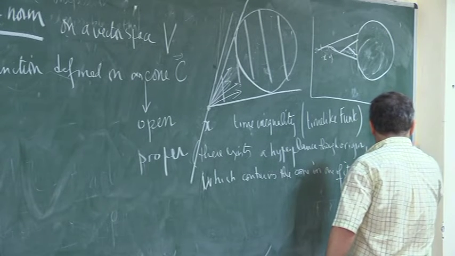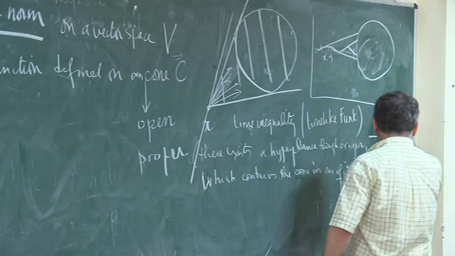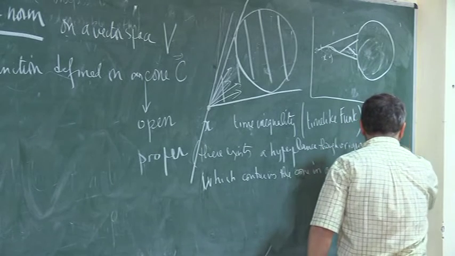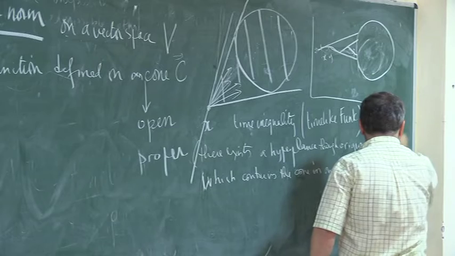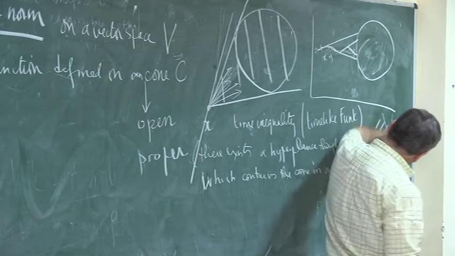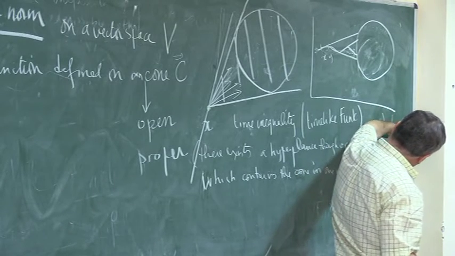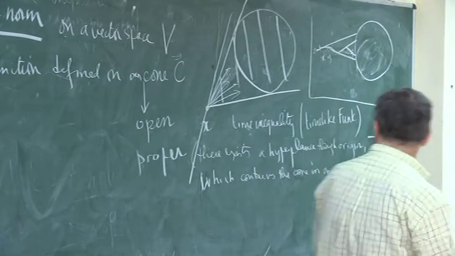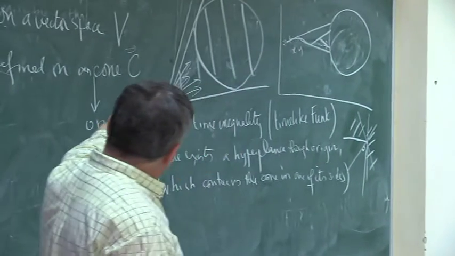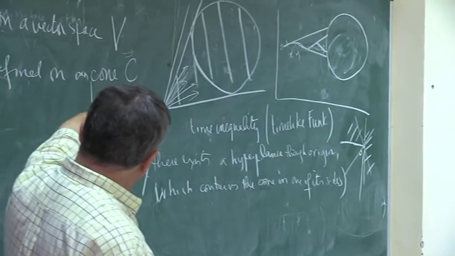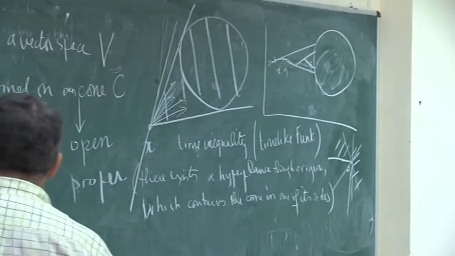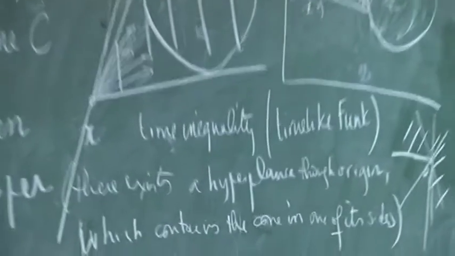This is not a proper cone because for every line here, I cannot find a line such that the cone is contained in one side of this line. Okay. So everything is motivated by this example.